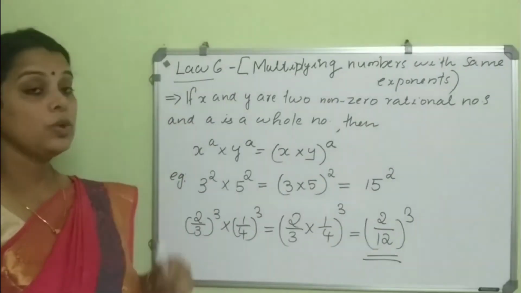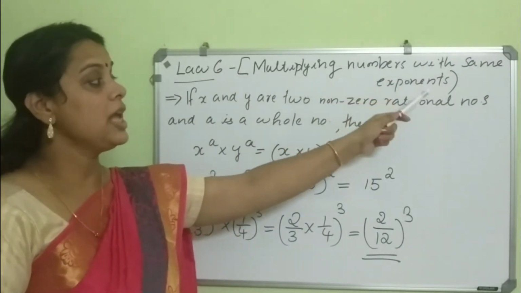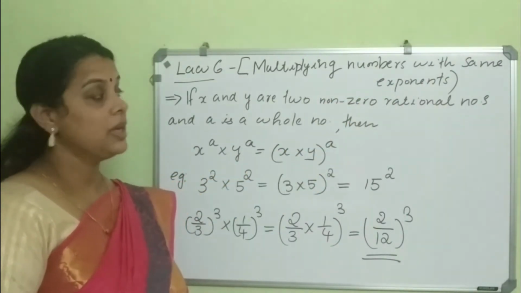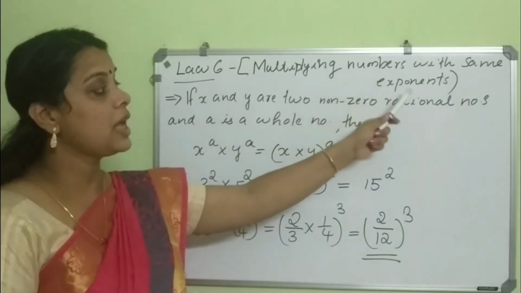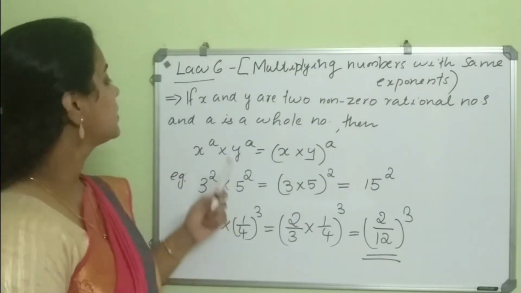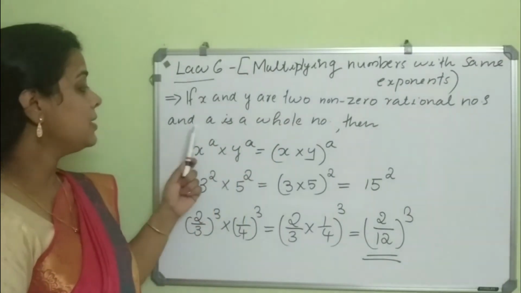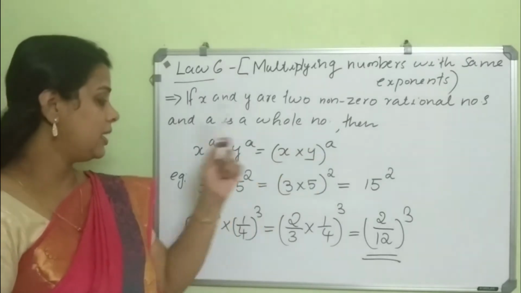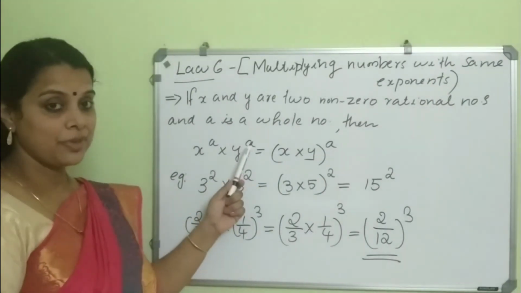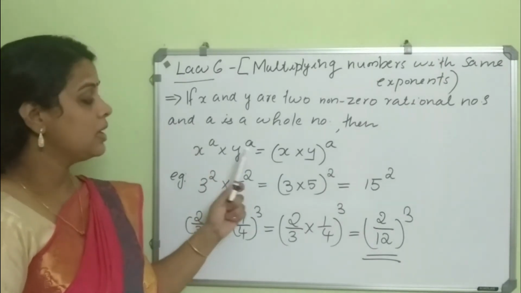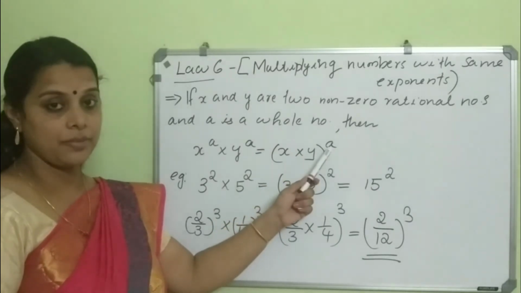Next is law 6. That is multiplying numbers with same exponents. We already discussed with the same bases. Here with the same exponents. If x and y are two non-zero rational numbers and a is a whole number, then x raised to a into y raised to a, here exponents are same, we can write x into y raised to a.